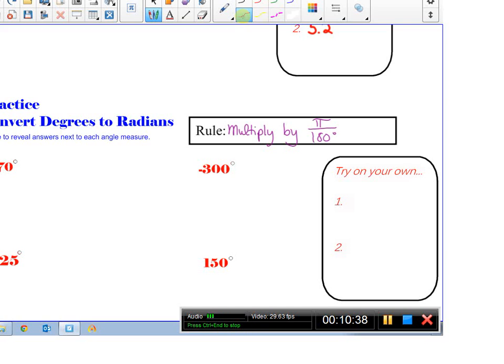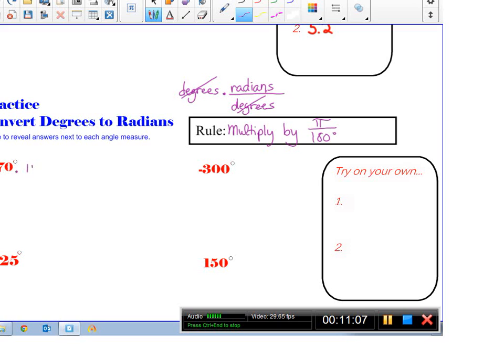So again, if we're given degrees, and we multiply it by radians over degrees, the units, degrees, would reduce out and you're left with radians. So we want the radians on the top, pi radians.